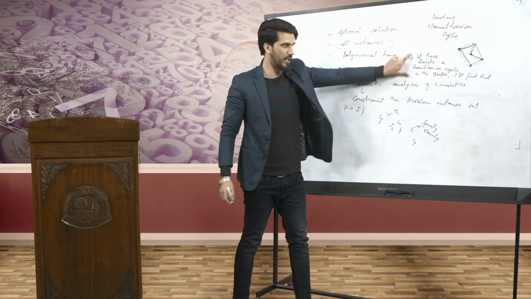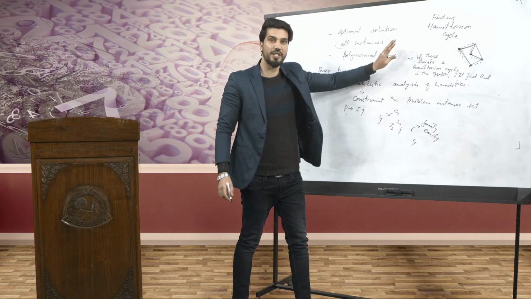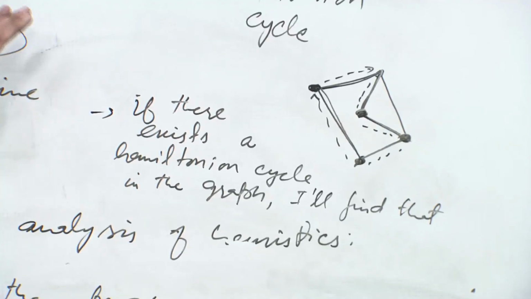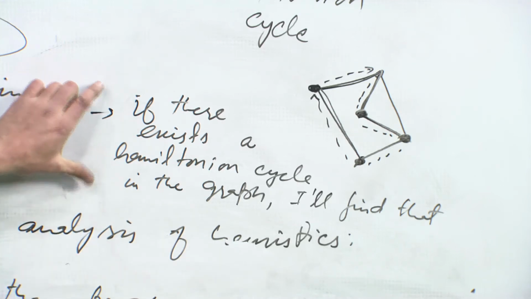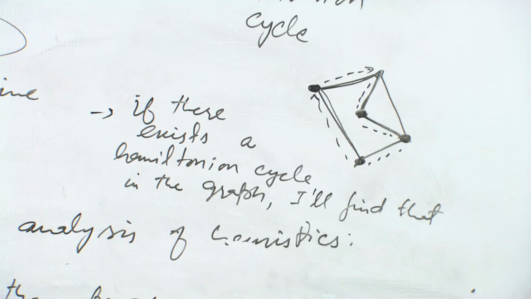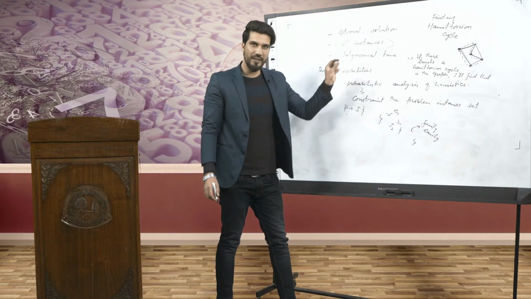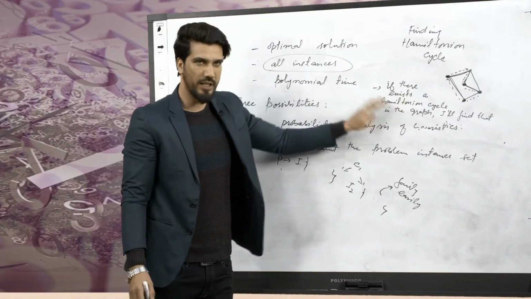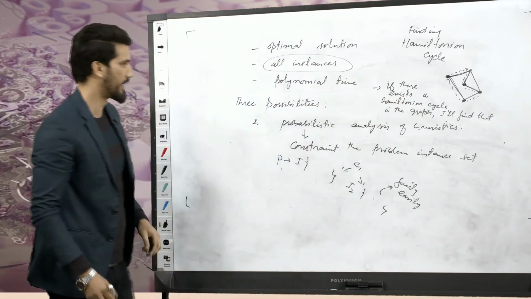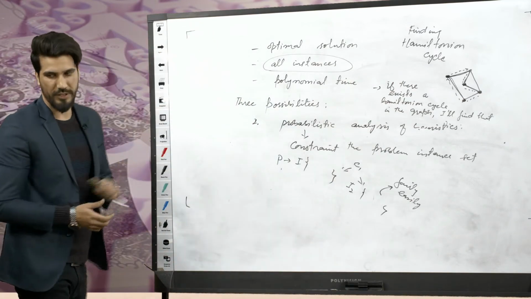But what happens if there is no Hamiltonian cycle in our graph? That's a problem. Then it becomes really hard for the algorithm to solve this problem. This constraint limits the instance set for the problem of finding Hamiltonian cycle. When it limits that, then it solves the problem fairly easily. This is the second technique, probabilistic analysis of heuristics.